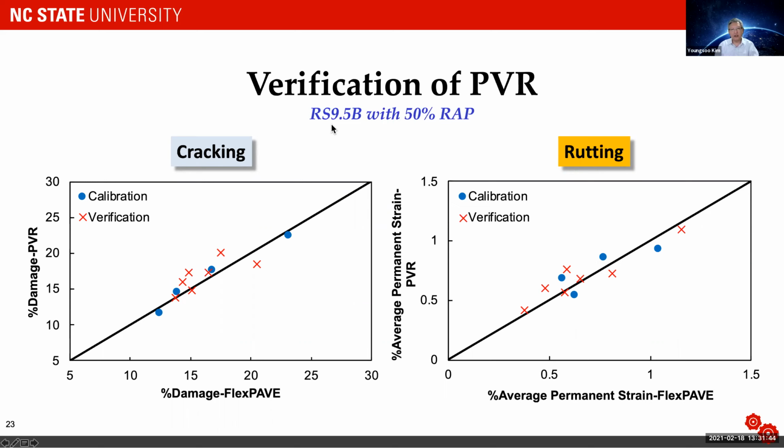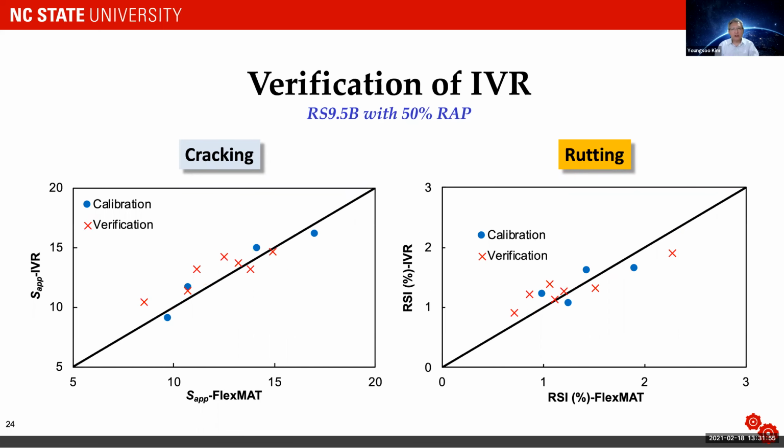And this was the surface mix, 9.5 millimeter nominal maximum aggregate size with PG 64-22 with 50% RAP. And here's the IVR verification, because you get the four-corner data and you can do IVR, but you can use the same data to do PVR. Okay?